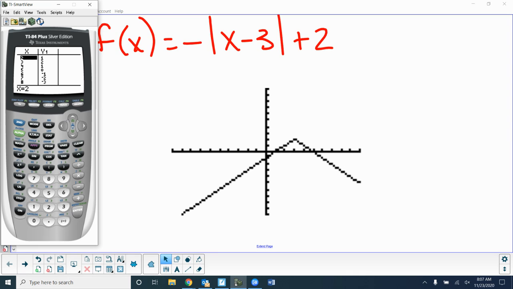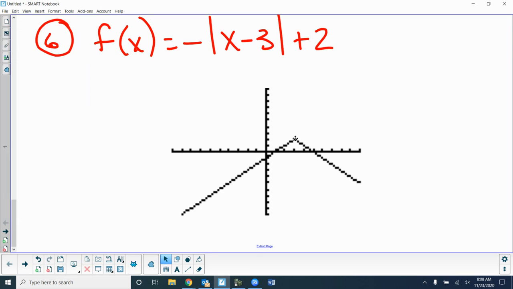So again, I like to look at where it's kind of symmetrical. So this point here, 0, -1's right there, and then 1, 0, and 2, 1, 3, 2, and then it goes back down at 4, 1. So this point here, the very top of it, is 3, 2.